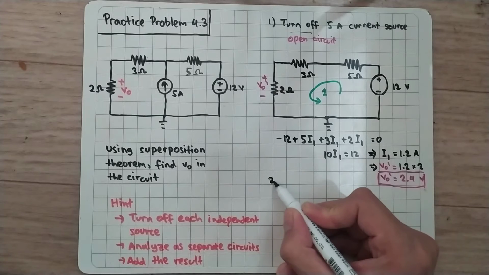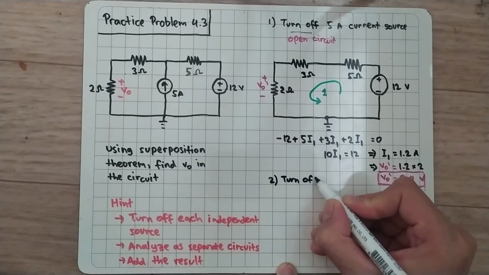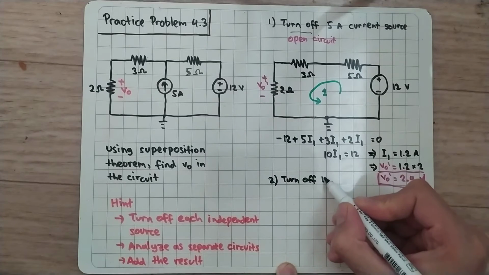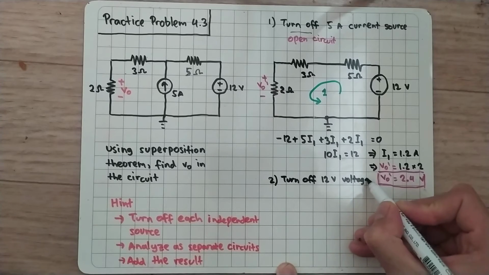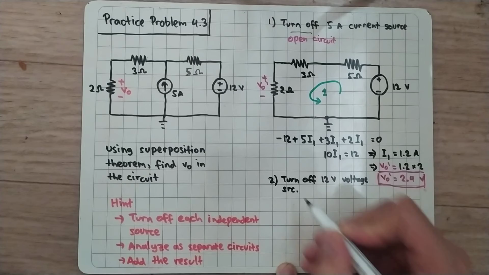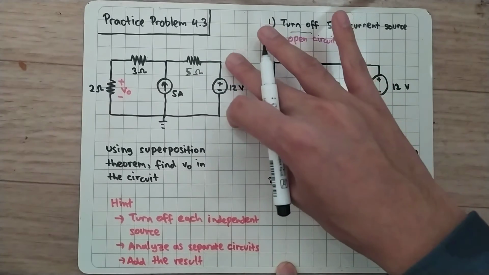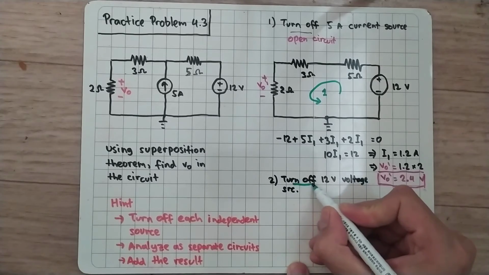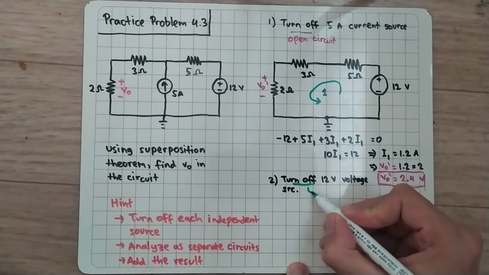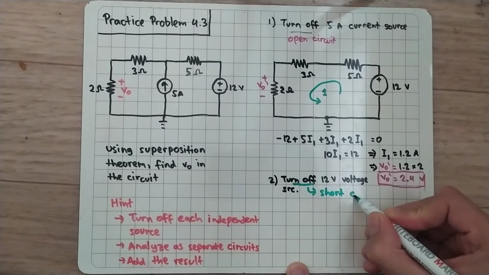The second step will be to turn off the 12-volt voltage source. So let's turn off the voltage source. Turning off the voltage source means that we replace this with a short circuit.